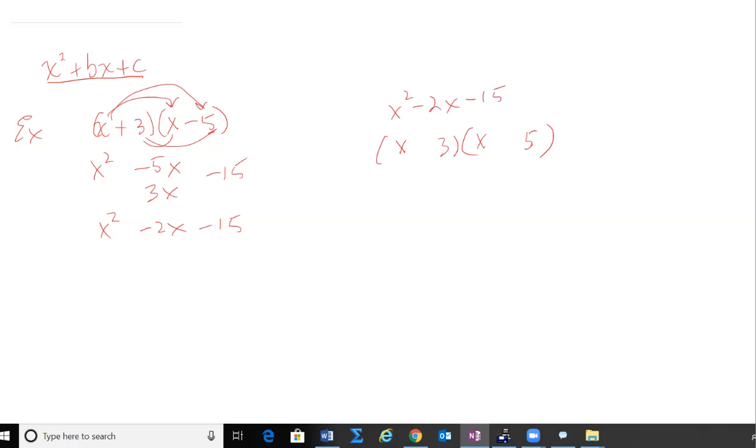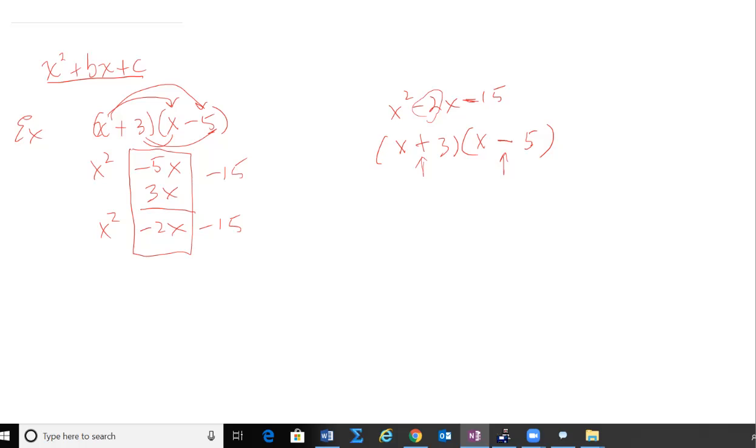And the middle term in here, where did it come from? Well, look. It came from adding the 3 and the 5. Now, the signs have to be correct. So since this is a negative, I've got to make one of these negative. You look at the two numbers, the 3 and the 5, and one of them will be negative, and you want the sum to be a negative 2. Well, the only way that happens is if you make that a negative and make that a positive.